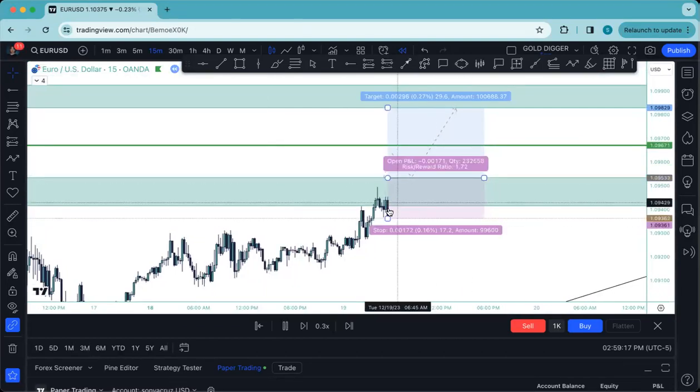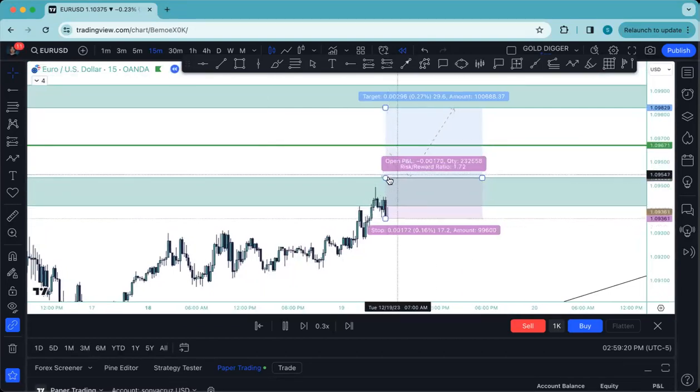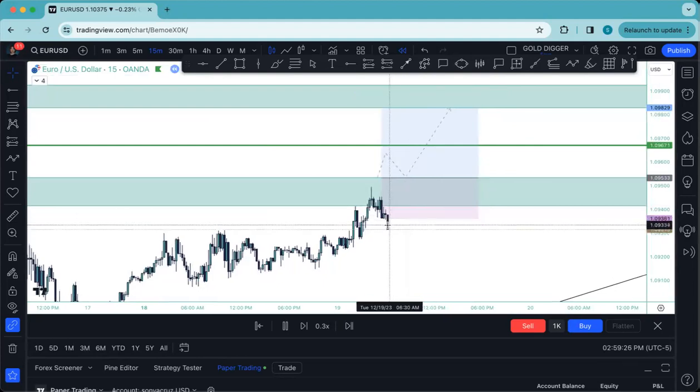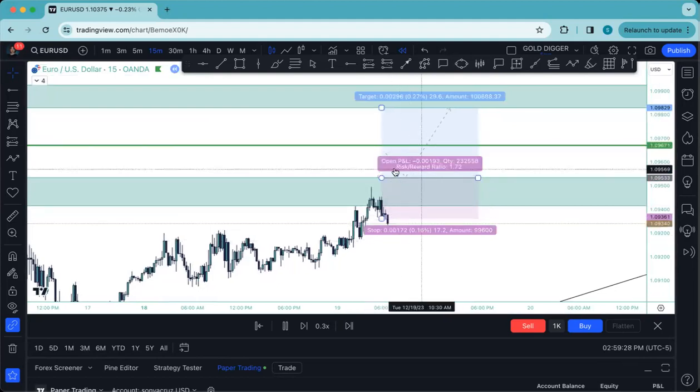We're not in the trade yet. Remember, we're waiting for it to break up here. Once it breaks and retests, we're getting in. Okay. So we're not in the trade. Waiting for it to break right here.